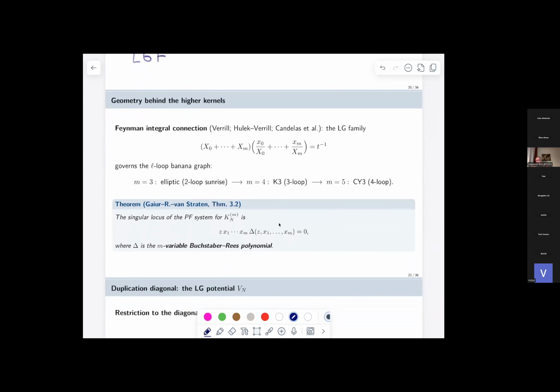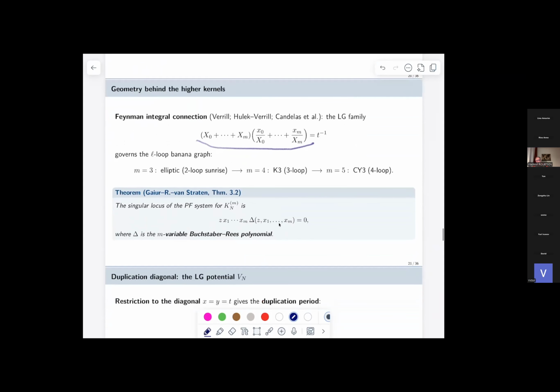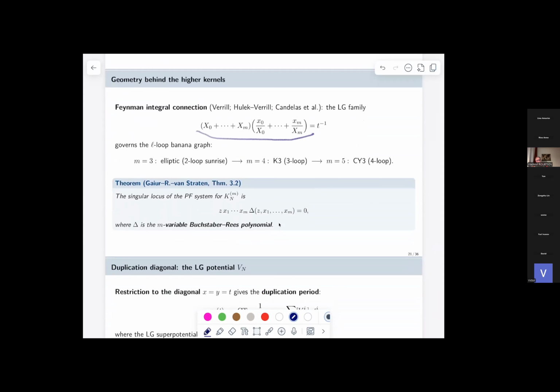These Hulek-Verrill varieties are a family of varieties of this type, and they appear in these many-loop banana graphs.